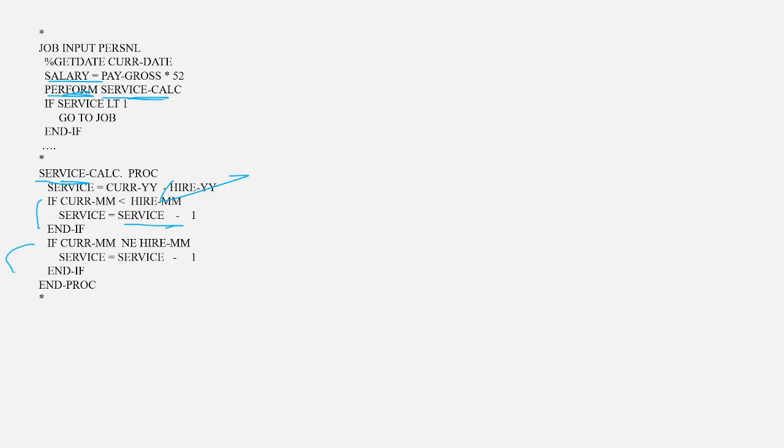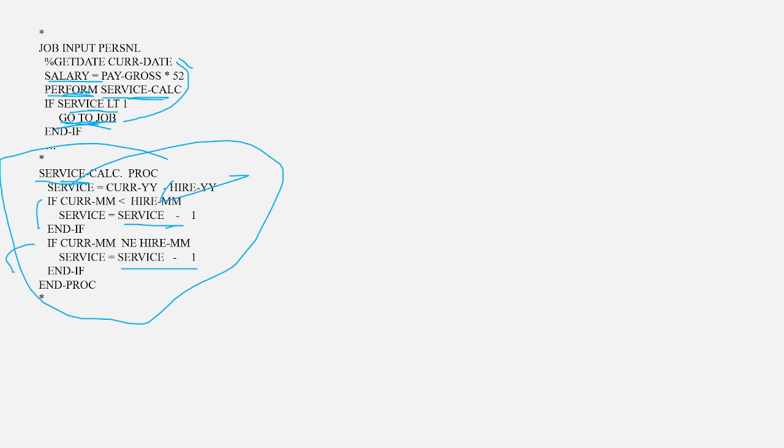And if current month is not equal to hire month, then also we are deducting 1. After that we are checking if service is still less than 1, then of course it will go to JOB, it will go to the first statement here. So the main thing is the GOTO statement here, and how the proc works in Easytrieve: using the PERFORM keyword we can invoke the proc.